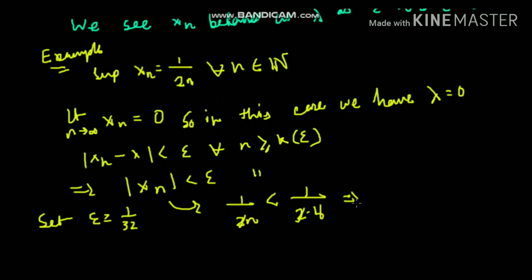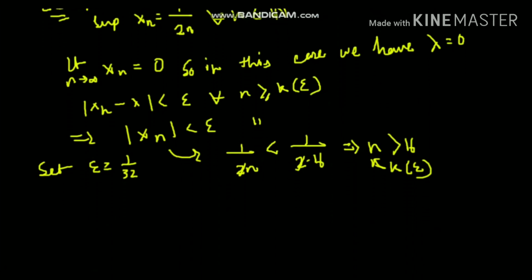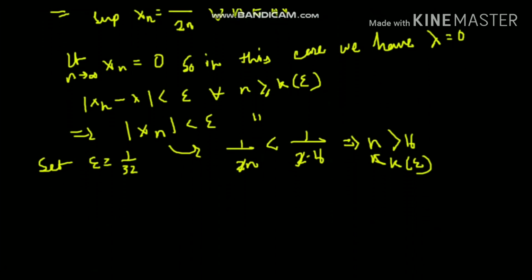So if I cancel out the 2 on both sides, I get n to be greater than 16. So what is n over here? It is actually that k of epsilon, because remember we showed that x of n will satisfy that given condition if n is greater than or equal to k of epsilon. So in this case what we found out is k of epsilon should be greater than 16.